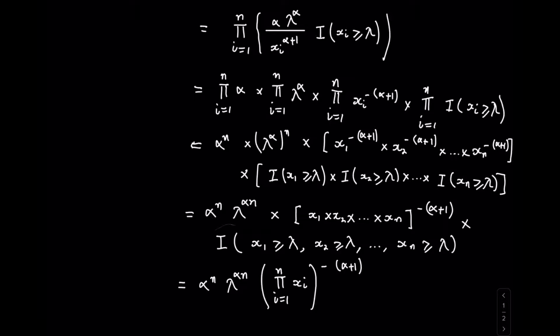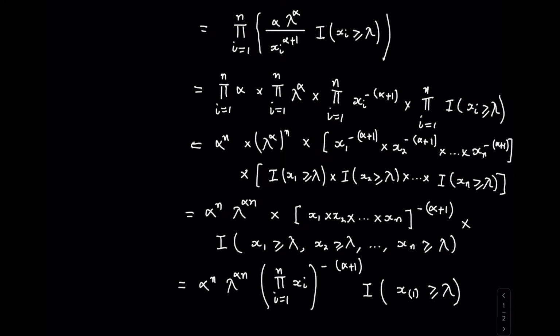And then in this indicator function, what I'm going to simplify it down to, and this is a really nice simplification, is that if each data point has to be greater than lambda, then the equivalent is that x subscript bracket 1 is greater than lambda.